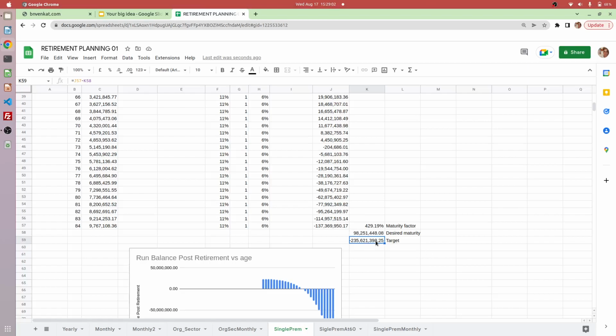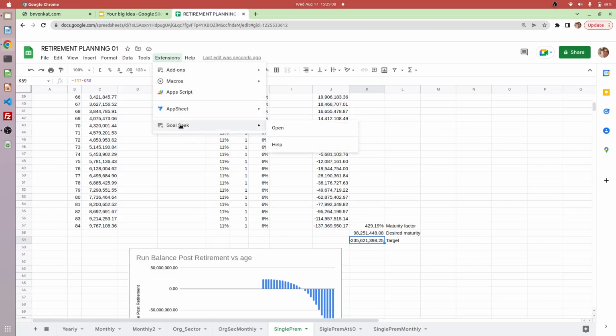Now let us see the goal seek. This is a feature called goal seek, which I got after adding an add-on. By installing the add-on to Google Sheet, we can get it.